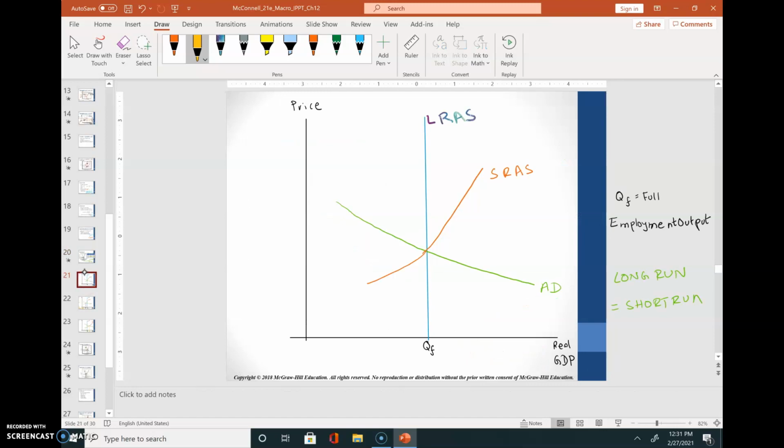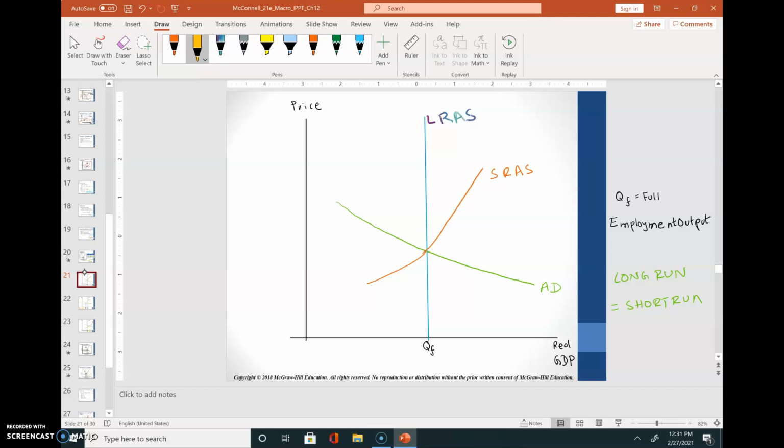Now let's look at three other situations graphically. So here I have all three curves: the downward sloping aggregate demand curve, the upward sloping short run aggregate supply curve, and the vertical long run aggregate supply curve.